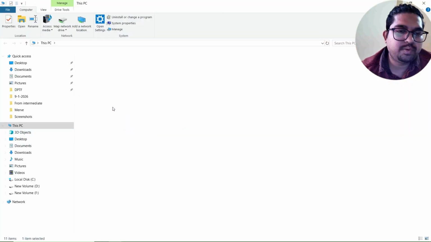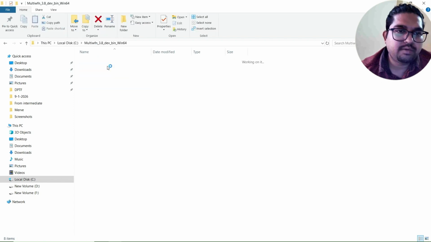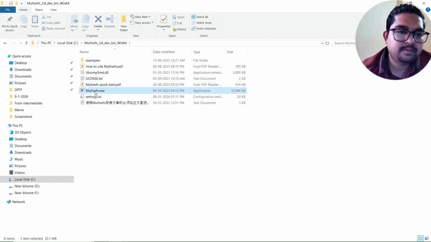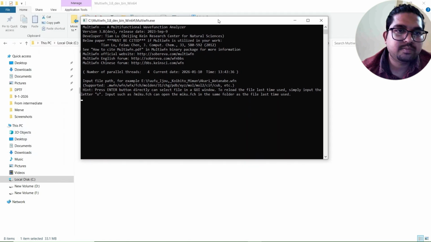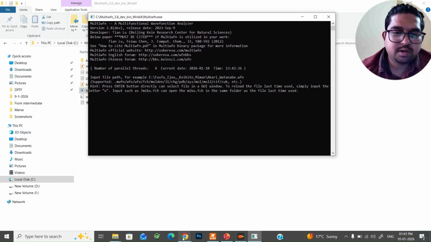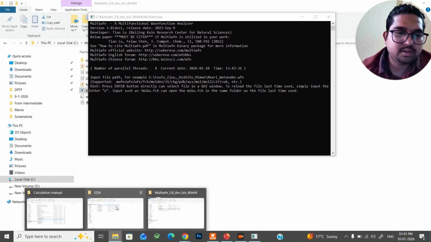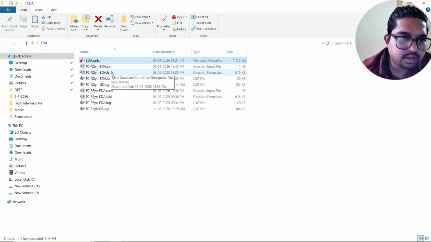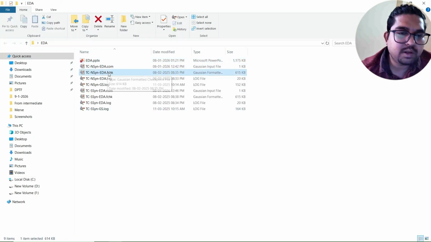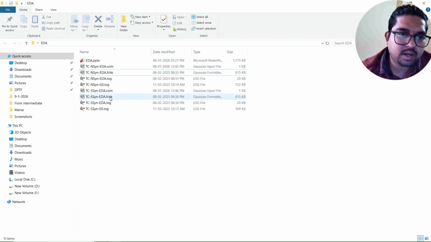I will go and open the Multiwfn tool here, and here we need to drag that. Here you see, this is the less stable isomer, this is the formatted checkpoint file, and this is the most stable isomer, the formatted checkpoint file. So I will take this formatted checkpoint file.